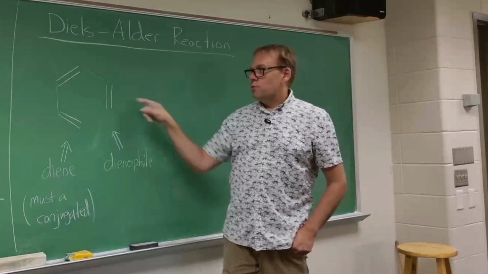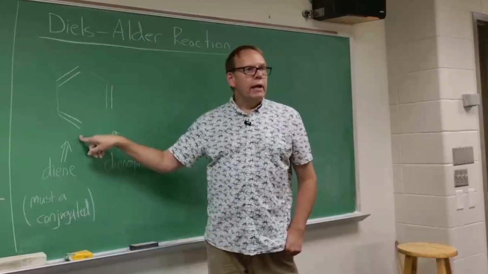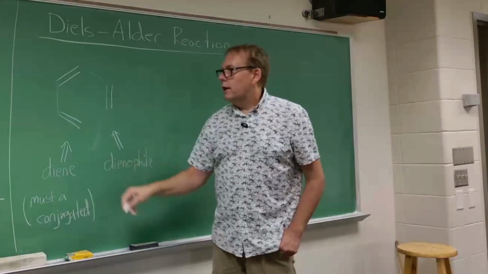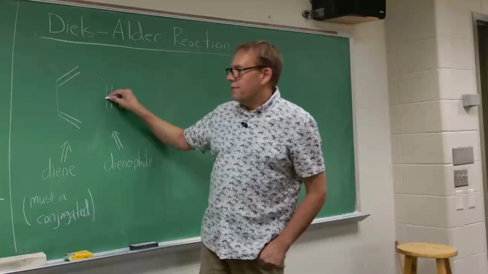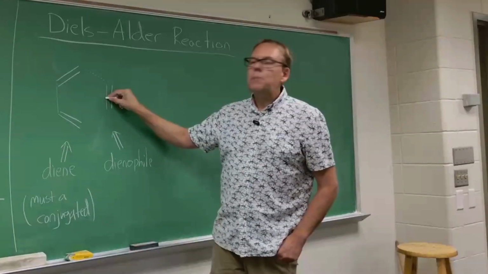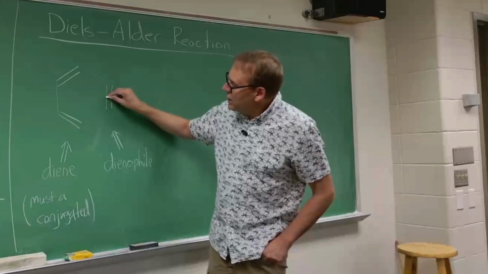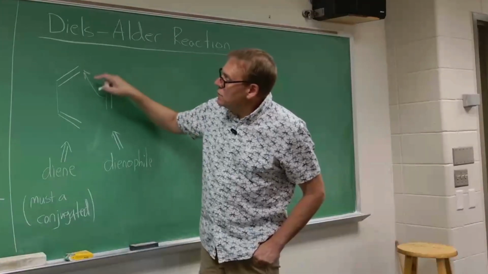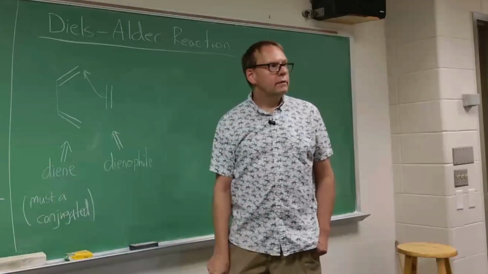You can start with whichever pi bond you want, and you can push them either clockwise or counterclockwise, it doesn't matter. But if you want to start, say, for example, at the dienophile pi bond, you can do that and take a pair of electrons from there, out of the pi bond there, and show them going to make a new bond to that carbon of the diene.